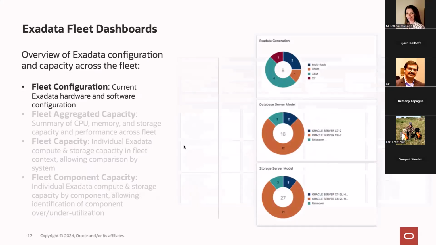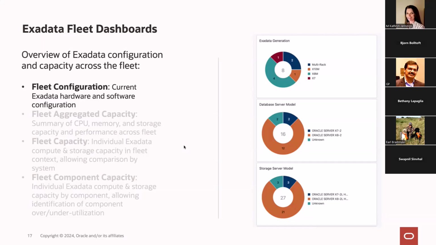There are more dashboards below this, so we are not seeing everything on the same screen here, but we have information about whether this is a multi-rack, X8M, X7, and so on. We have information about the storage server hardware and the database server hardware and all of that. So we can quite easily identify if there is something that we need to change.